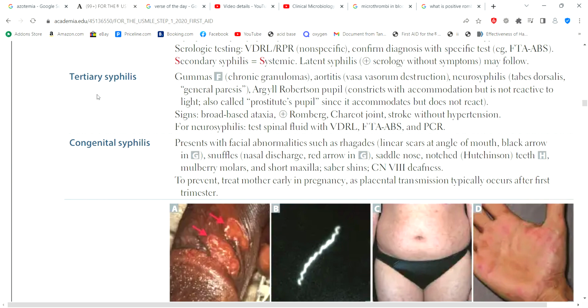And then with Argyll Robertson pupil, neither pupil constricts when light is shown in one eye.